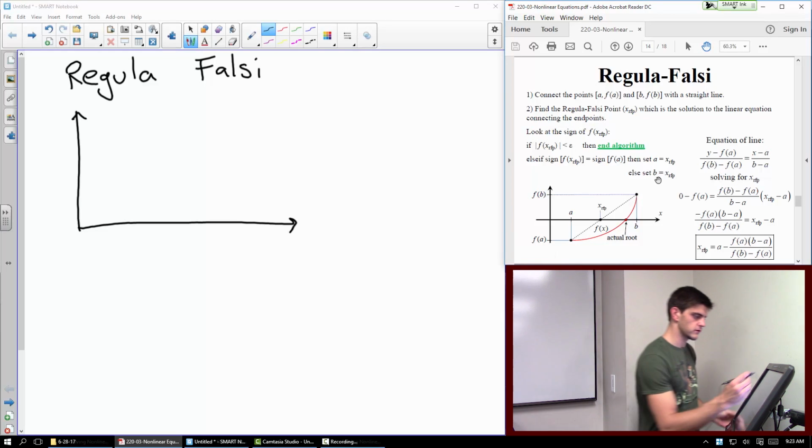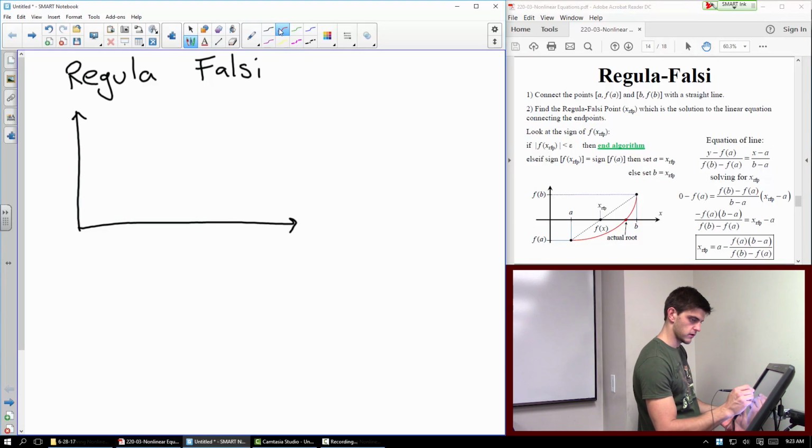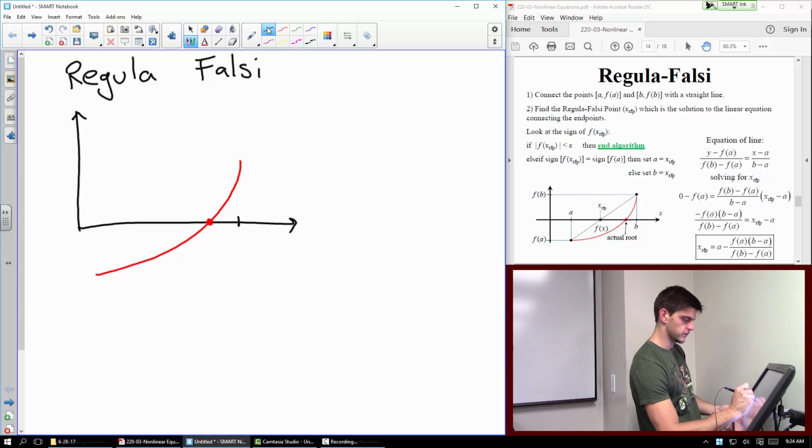So I'm going to draw something similar. Here is a curve. Here's where the actual root is. Let's go ahead and define the interval to be from A to B. And this is where we're going to evaluate our function on the line.